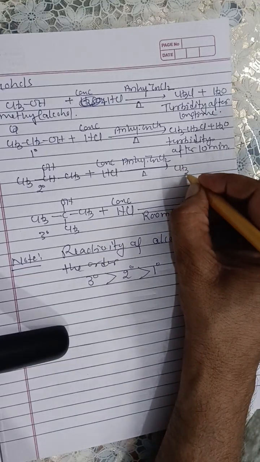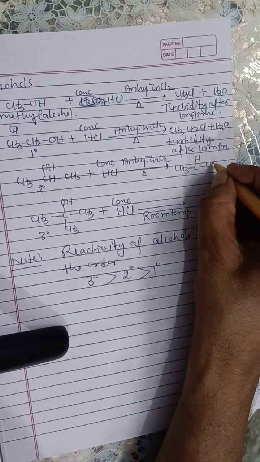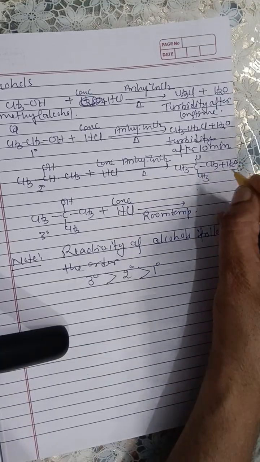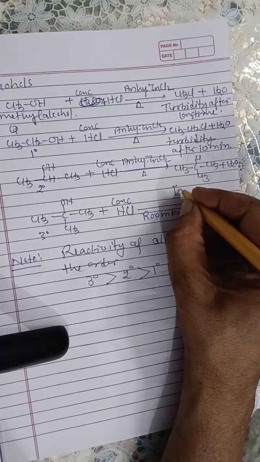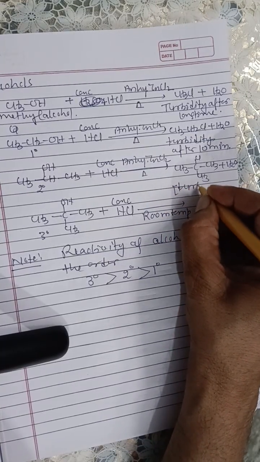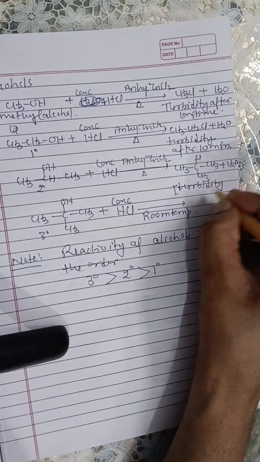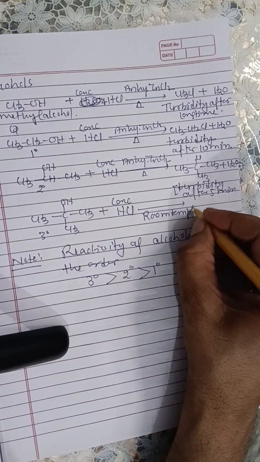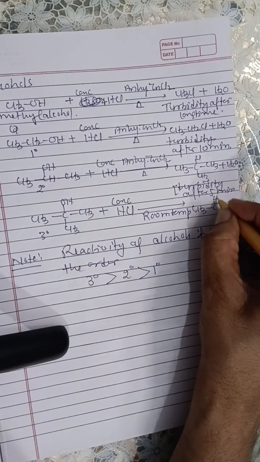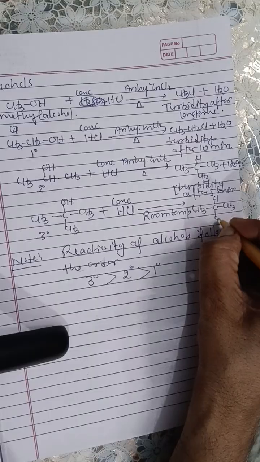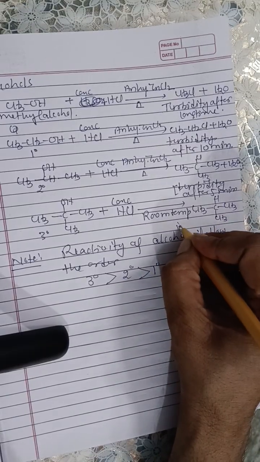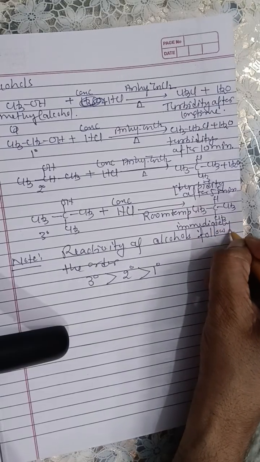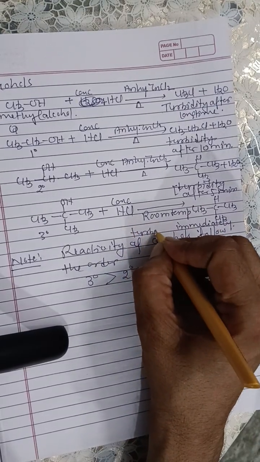And in case of 2-degree alcohol, turbidity will be produced after 5 minutes. While in case of 3-degree alcohol, the turbidity will be produced immediately. Right?